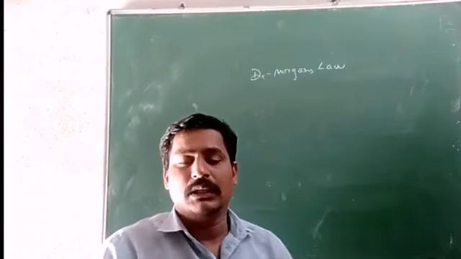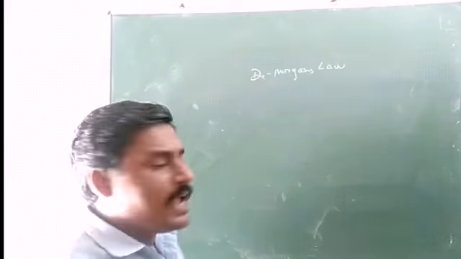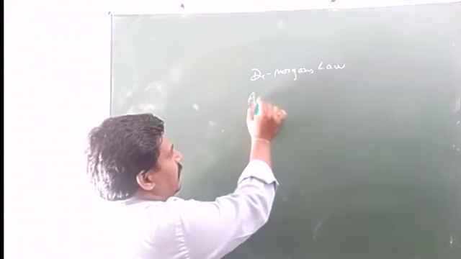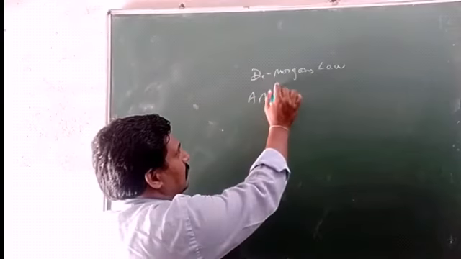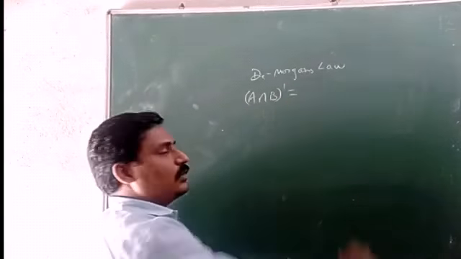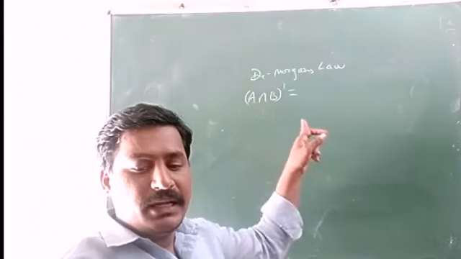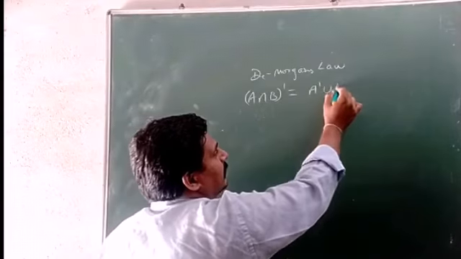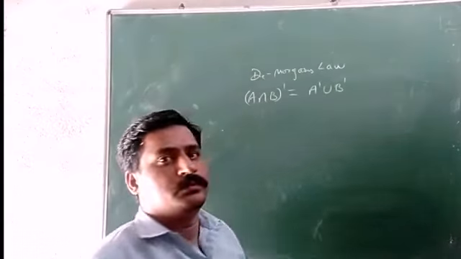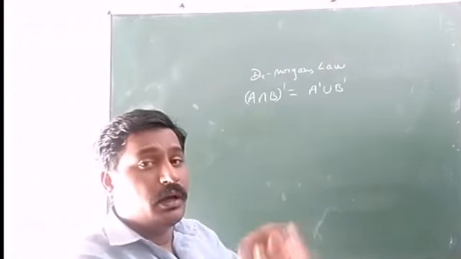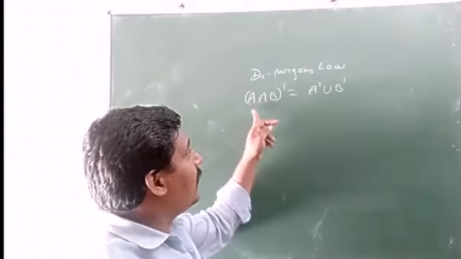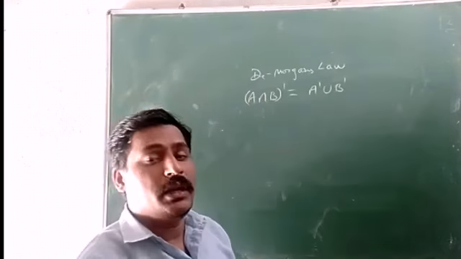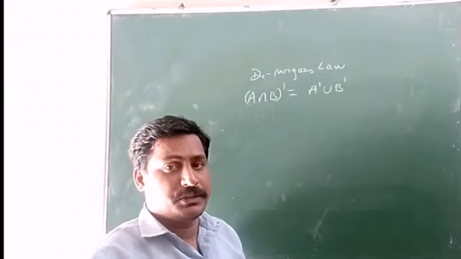So De Morgan's other law is (A intersection B)'. (A intersection B)' is equal to A' union B'. Earlier he said (A union B)' is equal to A' intersection B'.